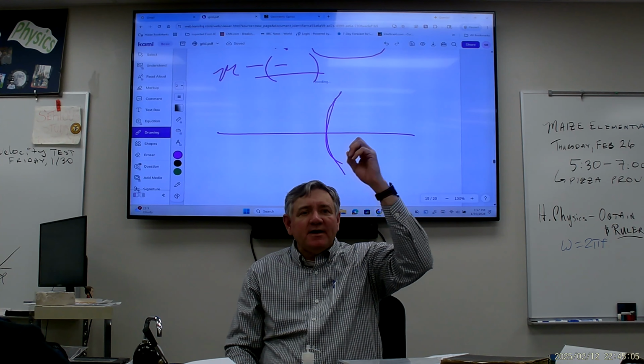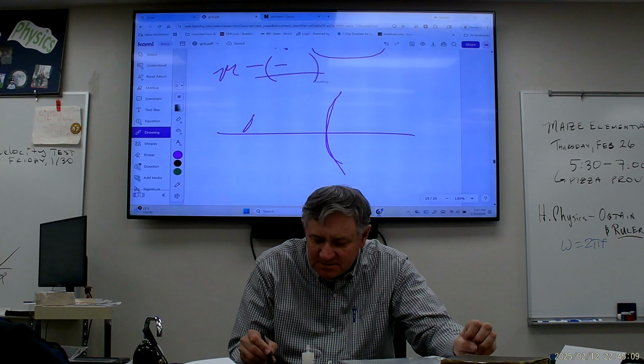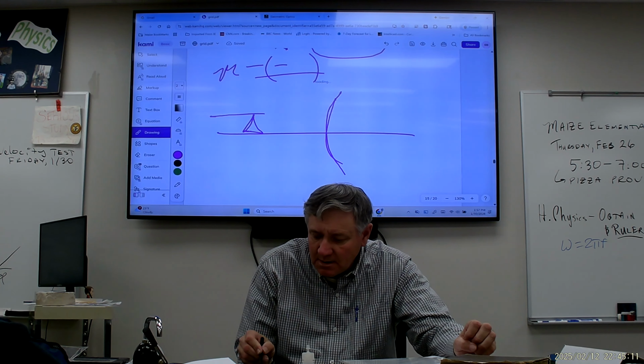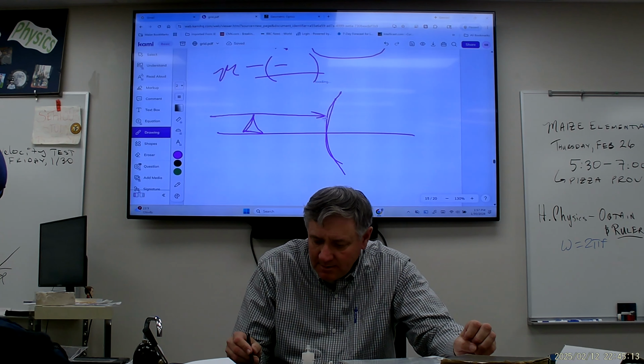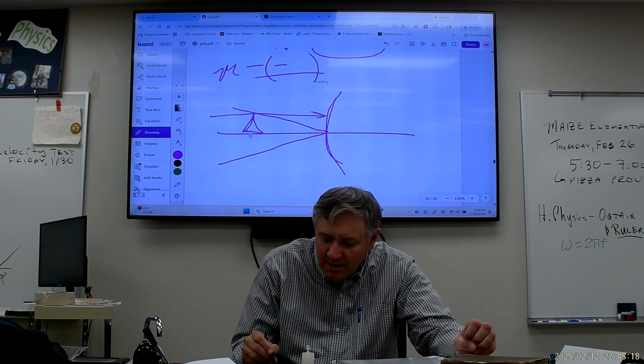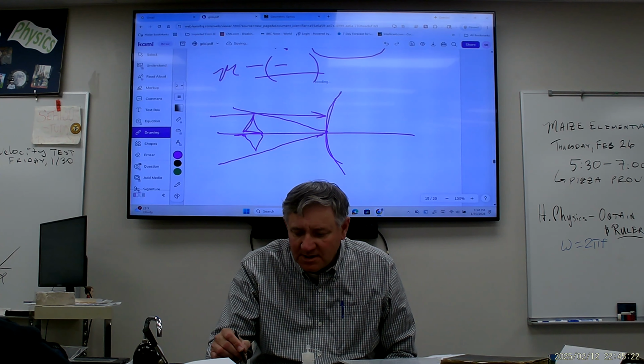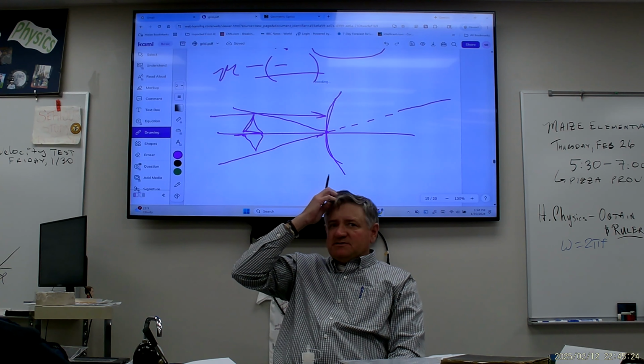Now, real quick, the last one. If you have a concave mirror, here's your slice of pizza, coming in here. Convex mirrors only produce images on the other side.